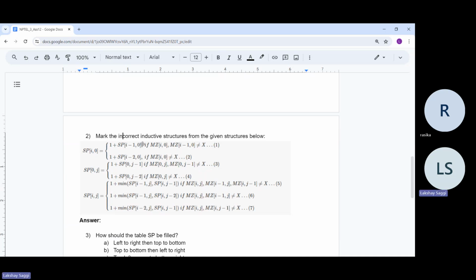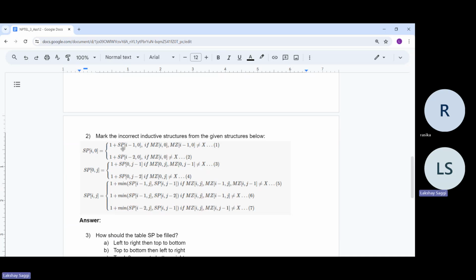If there was a hurdle, then we would have needed to jump, and then we would have added a 1, which is what happens in the second inductive case, that it is equal to 1 plus SP(i-2, 0). The second inductive case is also not written properly, but this is because we will need to add 1 to the path from i-2 to 0, because if i-1 has a hurdle, then we need to jump across it.